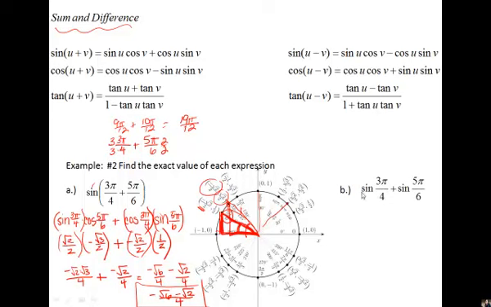So sine of 3 pi over 4, we can go ahead and evaluate it. There's no reason to use any of these; we can just do this. Sine of 3 pi over 4, that was, again, this angle right here. The sine value was the y value, so it's the square root of 2 over 2. Plus sine of 5 pi over 6, that was this triangle right here, and we want the sine of it, that was this piece right here, so that is 1/2.